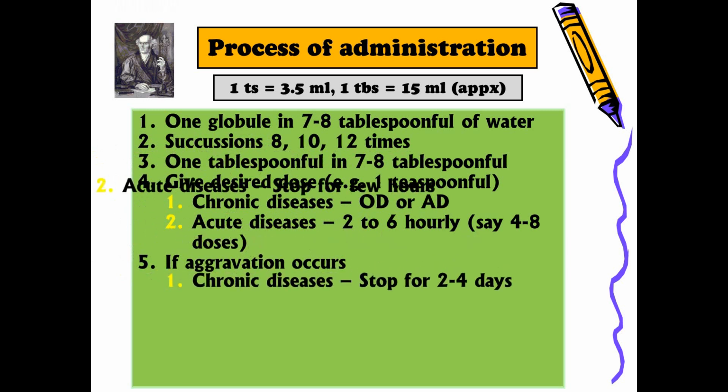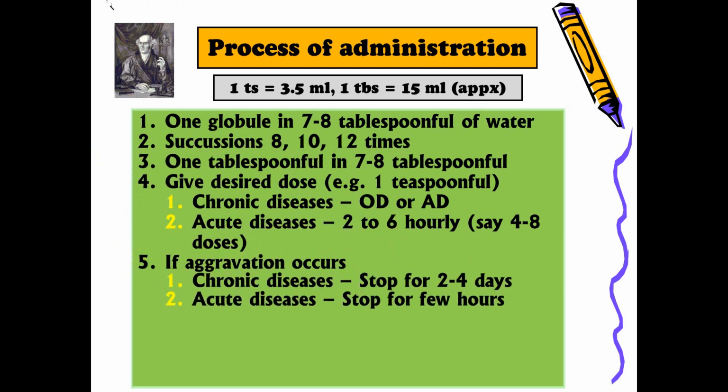Now here also aggravation can occur, because in an oversensitive person, aggravation can occur. If aggravation occurs, it is easier to handle. In centesimal you have no method other than antidoting that medicine, either antidote the medicine or lose the patient, because in the race of today the patient runs away after your aggravation, he never comes to you. So here the aggravation is controlled, and the methodology is, in chronic disease, stop the medicine for 2 to 4 days.